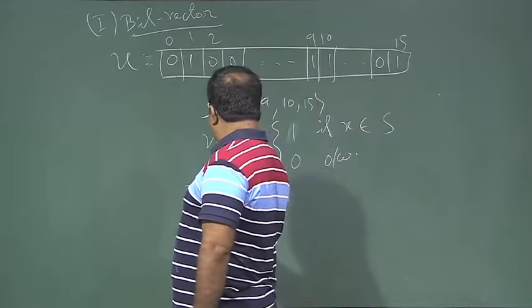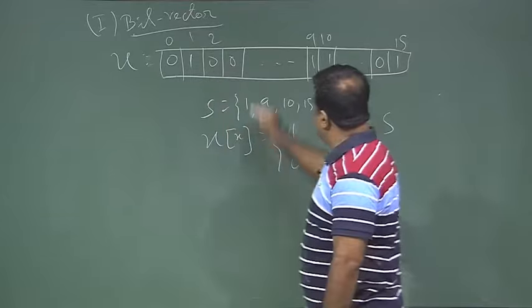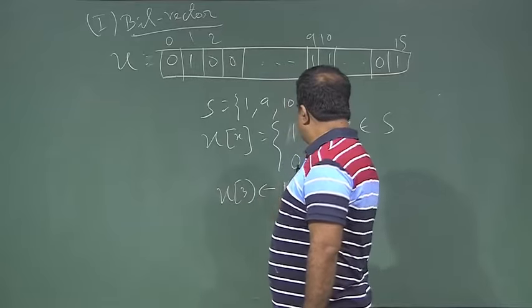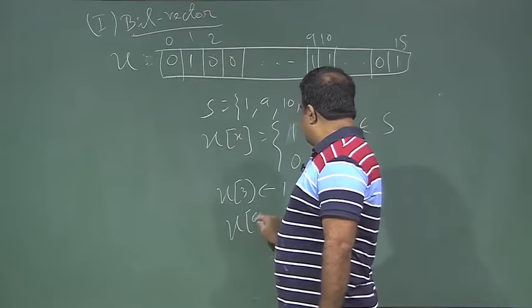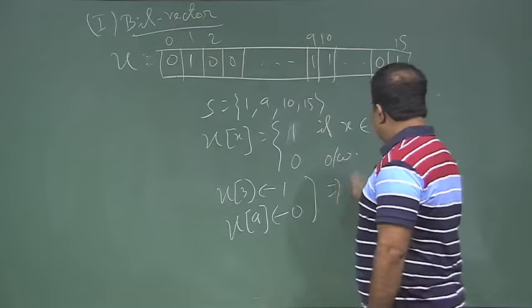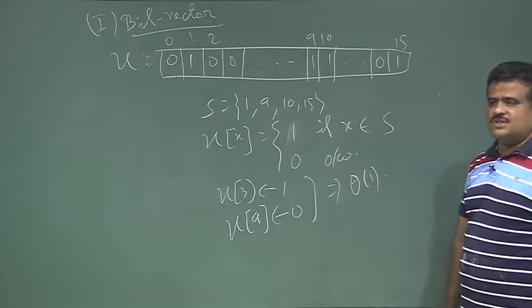Insertion and deletion take constant time. If we want to insert 3, we go to U[3] and put 1. If we want to delete 9, we go to U[9] and put 0.